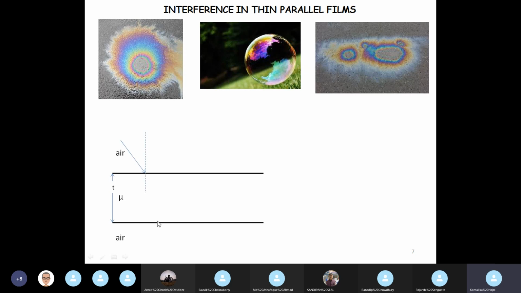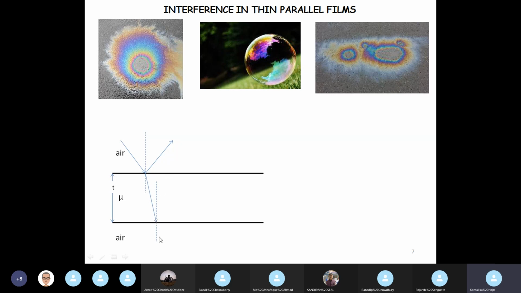Okay, so light is incident. Let this be the incident ray, which is incident on the interface between air and the film of refractive index mu, and it will be partly reflected and partly transmitted within the film of thickness T. Now this transmitted beam is incident on the other interface between the film and air.